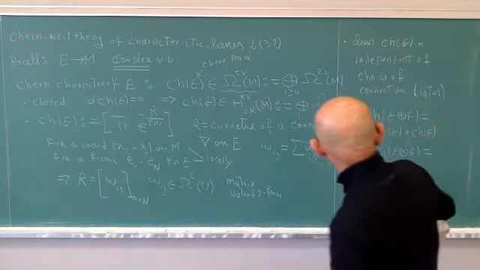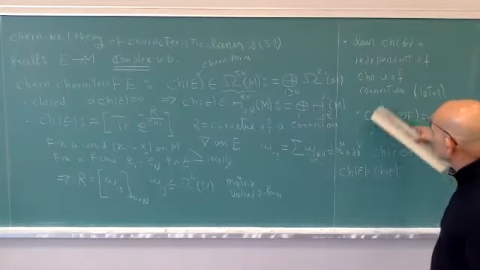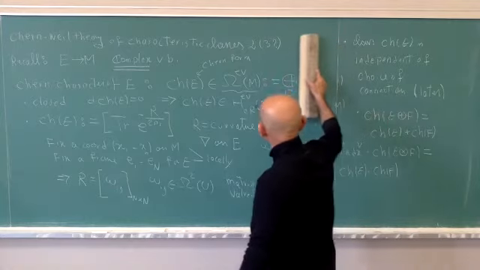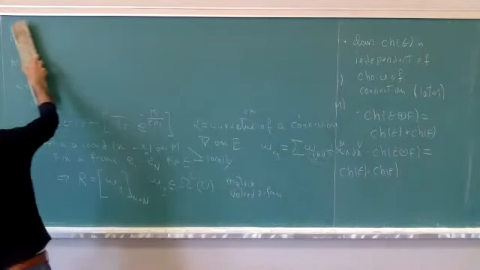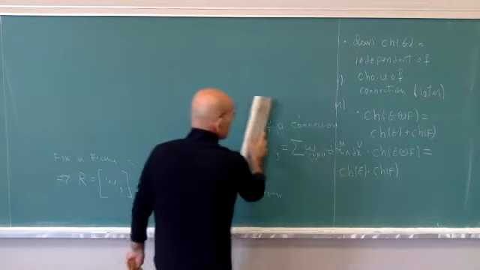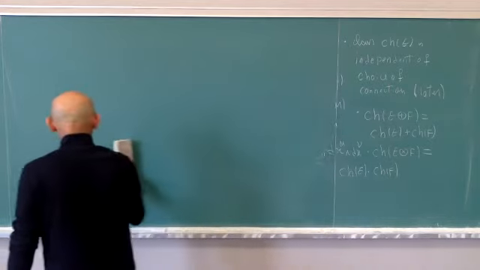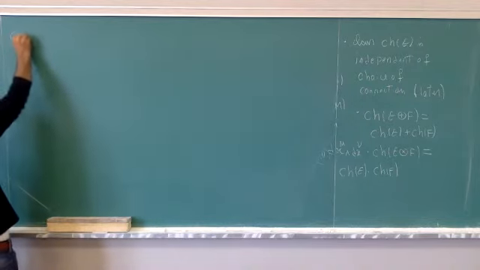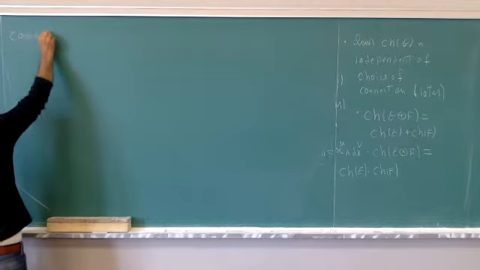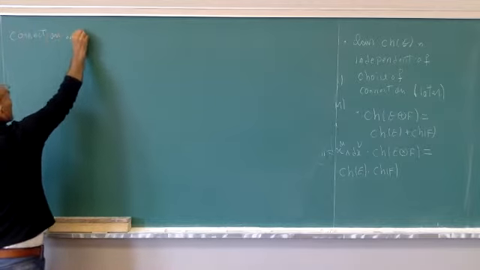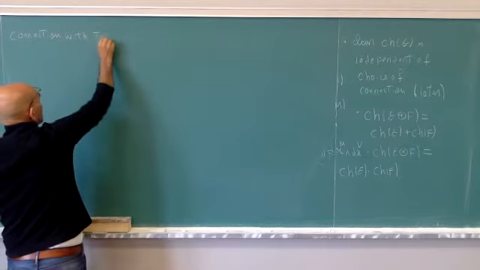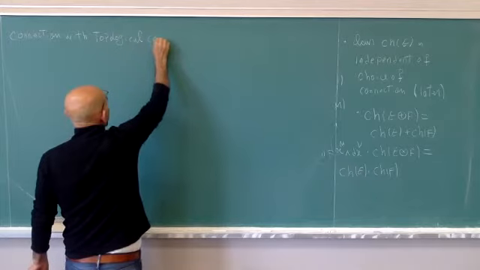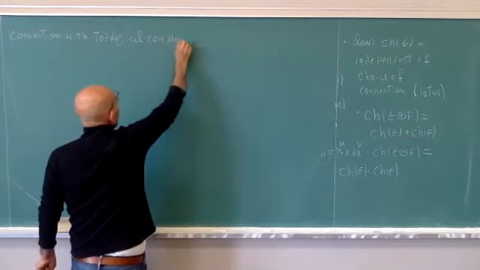So let me now expand a little bit on these last two properties that we derived last time. These are related to K-theory. I mean, it's not an absolute necessity to know this, but it's a good idea to indicate that. So, connection with K-theory. To be more specific, this is topological complex K-theory.